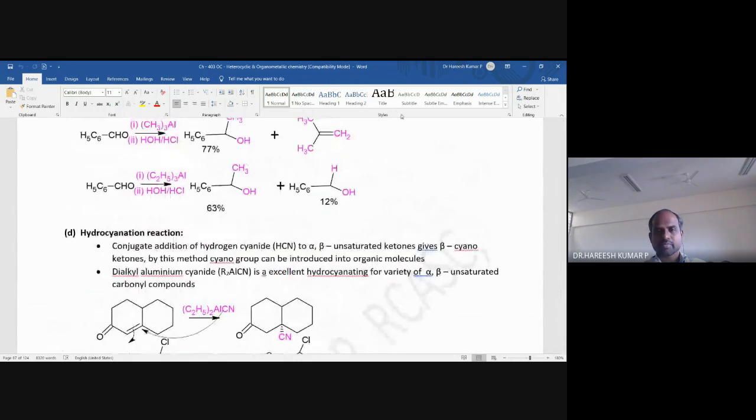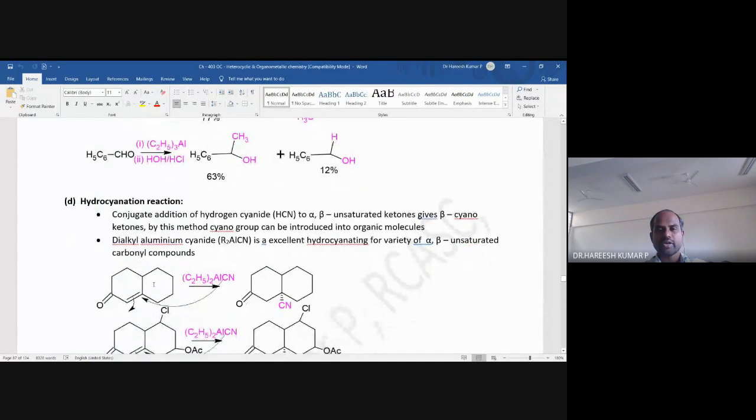Hydrocyanation means addition of hydrogen cyanide to alpha beta unsaturated carbonyl compounds to give beta cyanoketones. So beta cyanoketone. By this method, cyano group can be introduced into the organic molecule.